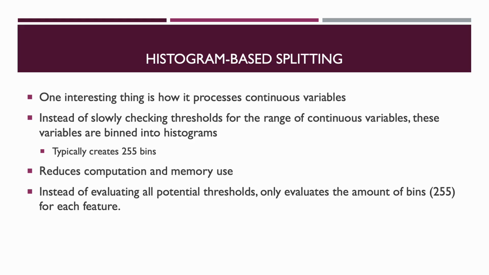So basically, given all the range of thresholds for a continuous variable, it'll bin them equally into typically 255 different bins, where one bin could be from one threshold to another, and the next picks up from that to the next threshold, and so on and so forth. This reduces computation and memory use because instead of evaluating all potential thresholds that could be in the tens of thousands, it only has to evaluate the number of bins, which is typically 255 for each feature.